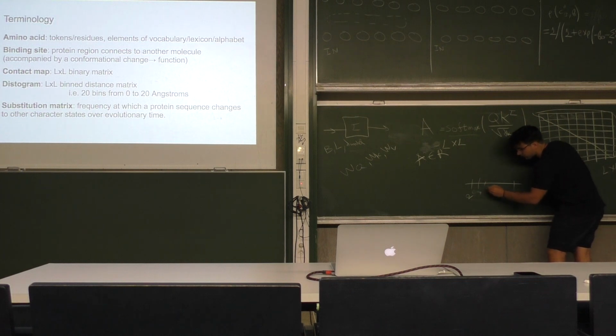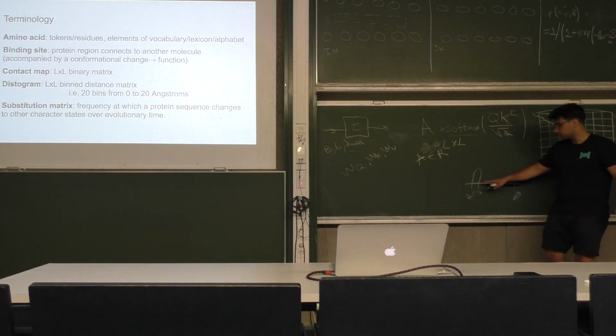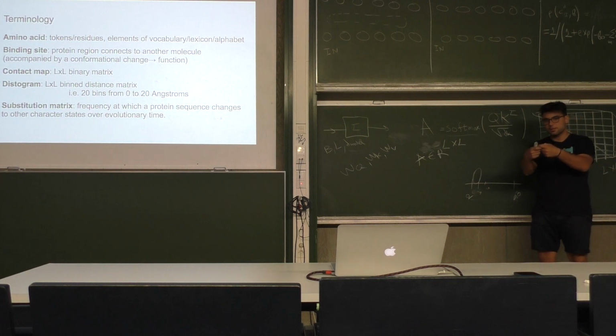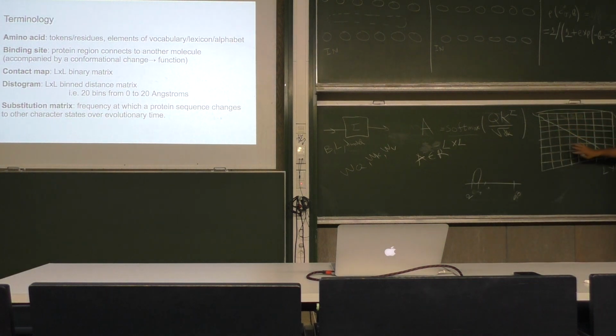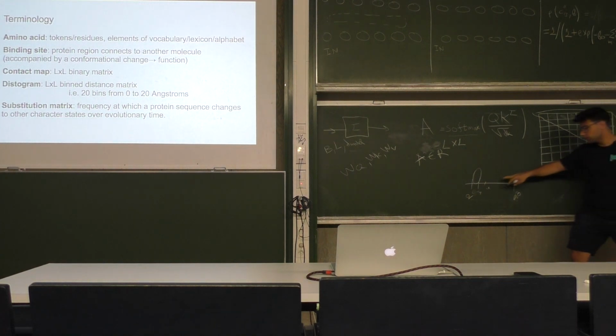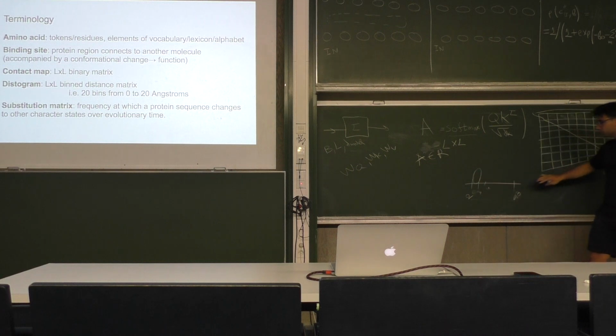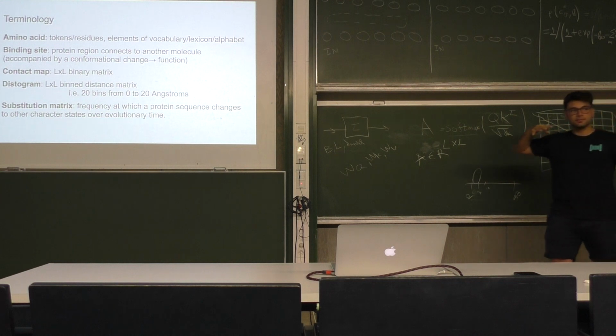So 2, 3, 4, and here we bin together all the pairs that have a distance between 2 and 3 angstroms, and this converts this very difficult problem where you have to predict the exact distance into a classification problem, and you have as many classes as bins. So we would be able to formulate a segmentation task where you have this pixel and you have to predict all the different classes. Is that clear?